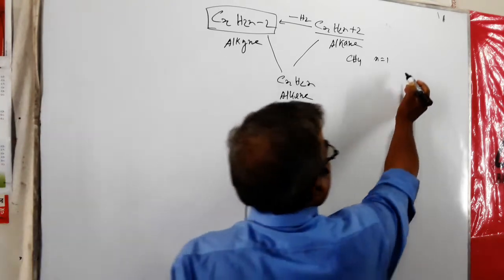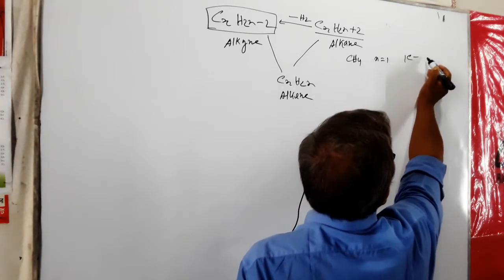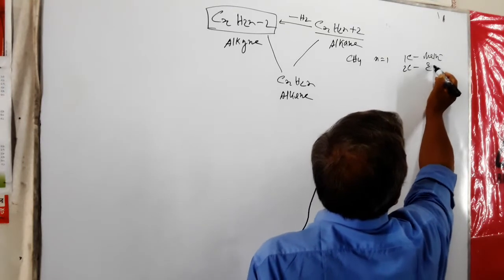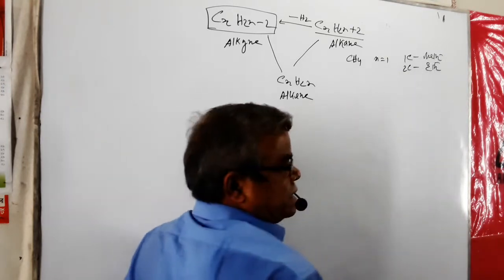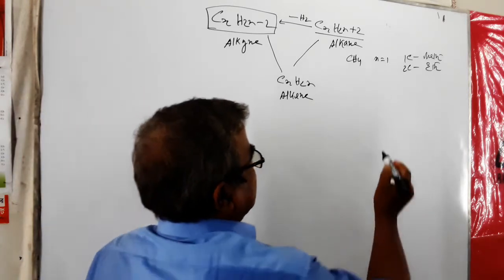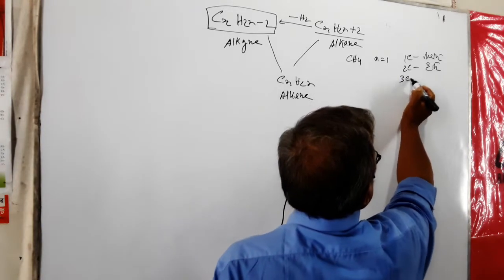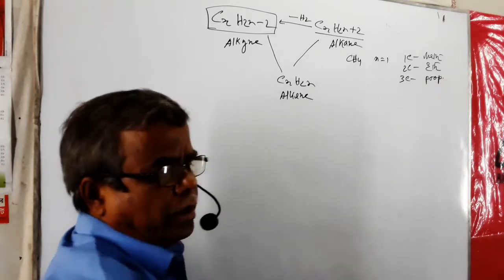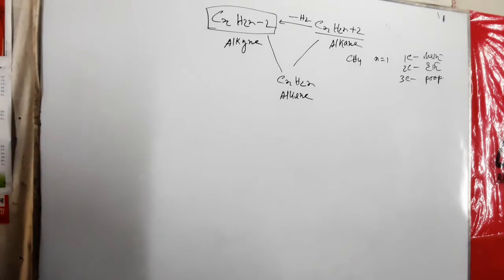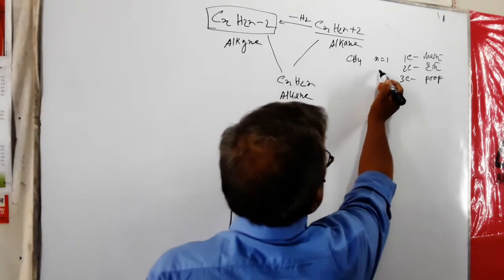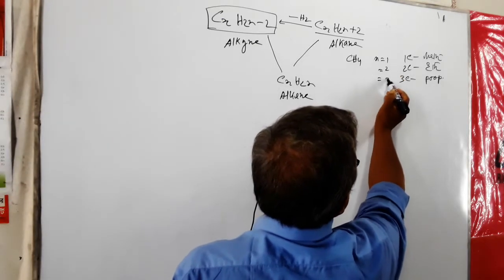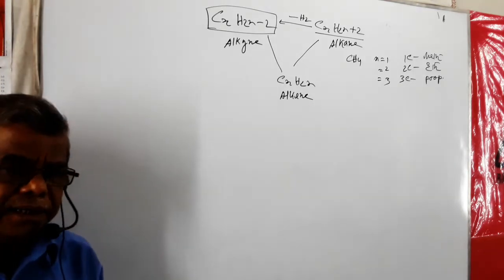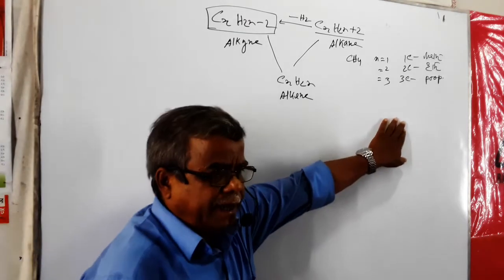When carbon 1, then meth; when carbon 2, then eth, the first suffix; when 3 carbon, then prop, and so on. When n equals 2, ethane; n equals 3, propane, then butane, pentane, hexane. These are all alkane.